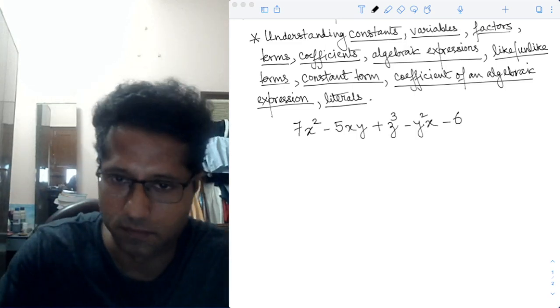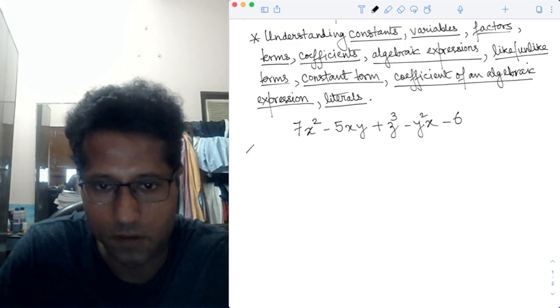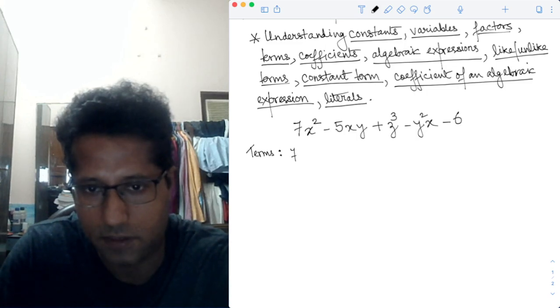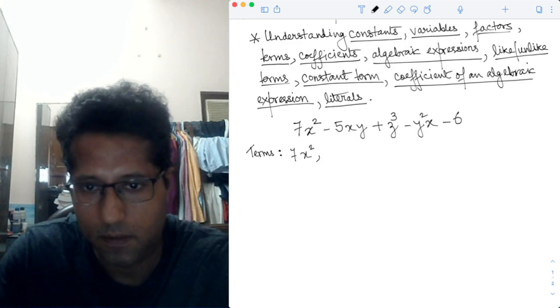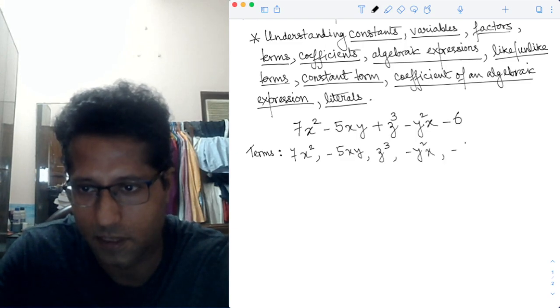What are the terms? I hope you will all be able to say what are the terms. The terms over here are 7x square, minus 5xy, z cube, minus y square x and minus 6.